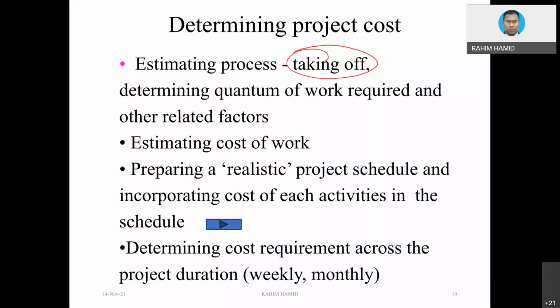So there could be many types of project estimating. Even if you do not have the detailed drawing, you can still do the estimating based on a certain concept. Okay. If you already have all the detailing, that will be much better. Then you can estimate in a more accurate way. And then you estimate the cost, taking into account everything, including the direct cost and indirect cost. Then only you will get the cost for each activity.